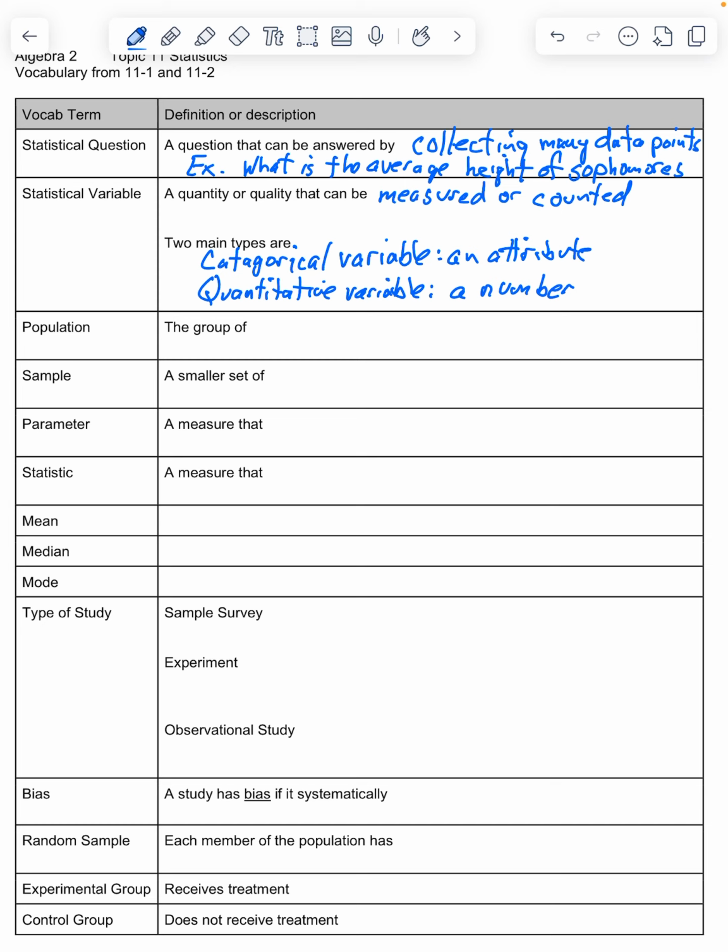All right, a population is a group of all members. So if you're talking about grade level, all the sophomores together would be everyone in that group, or everything in that group.